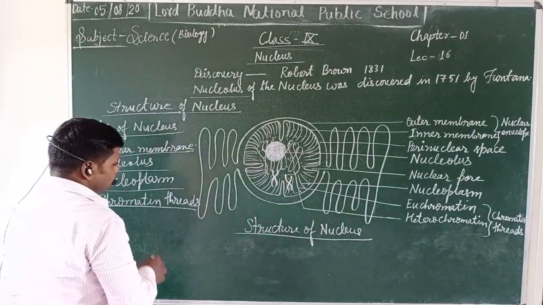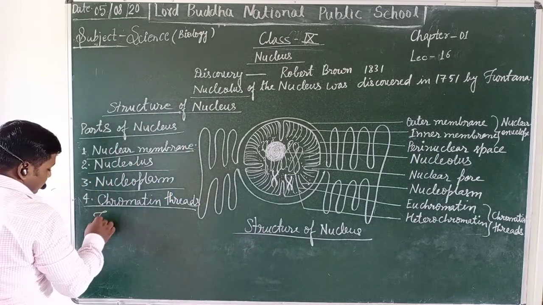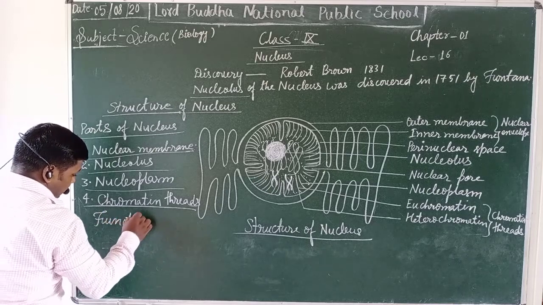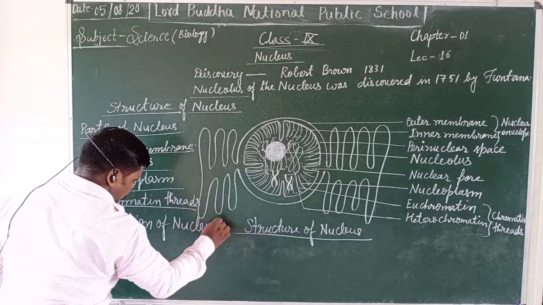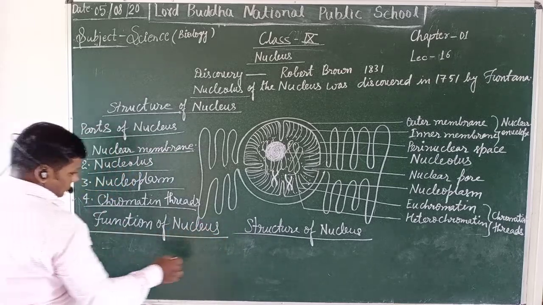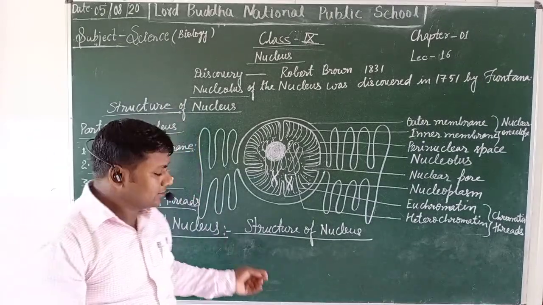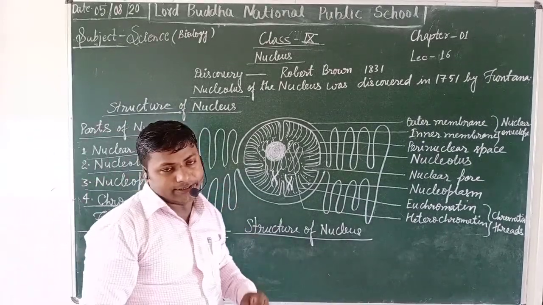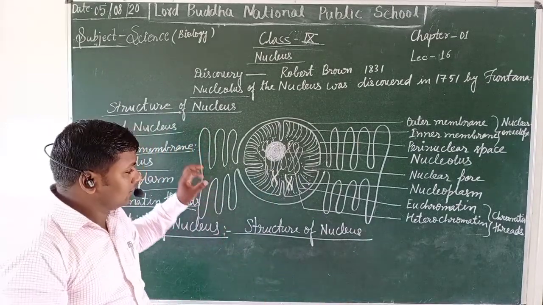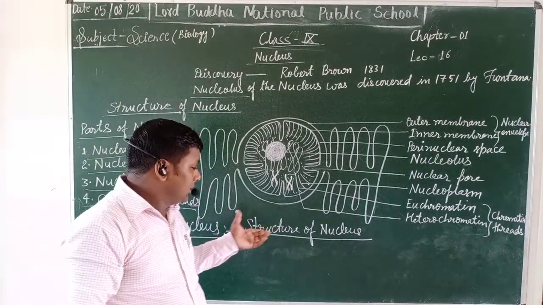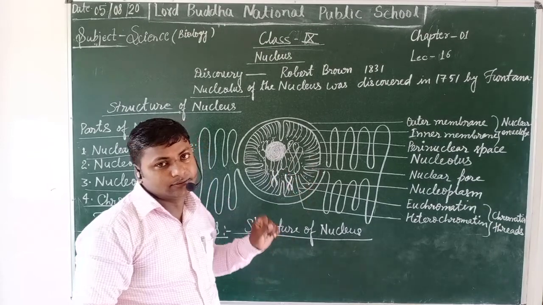Now students, we will discuss the function of the nucleus. The important function of the nucleus is that it is a control center, or you can say it is the brain of the cell. Just like the CPU is the brain of a computer, likewise the nucleus is the brain of the cell.